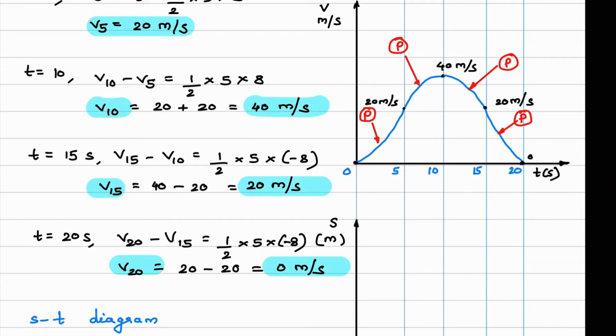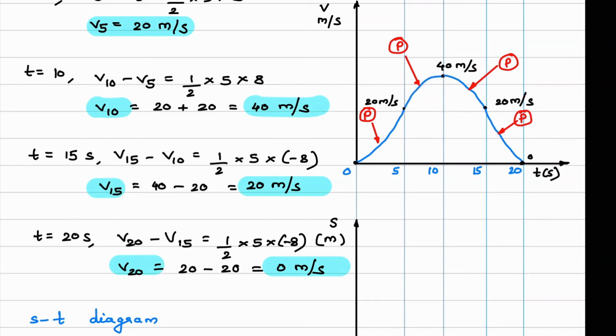So we'll write down the area. What is this area? Base is 10 minus 5, so this will be 5, and height is 20. And this part, area will be inside the curve. It will be 2/3 of 5 into this height, 40 minus 20, 20.